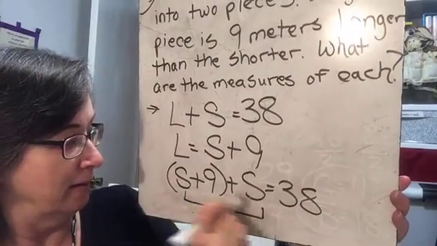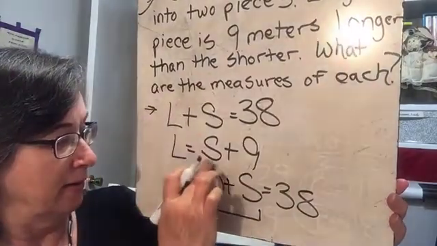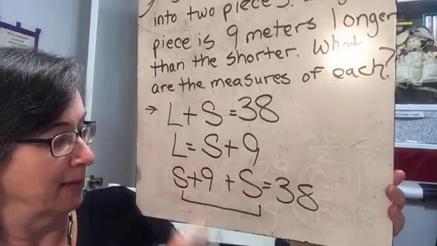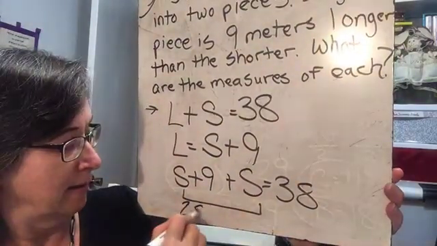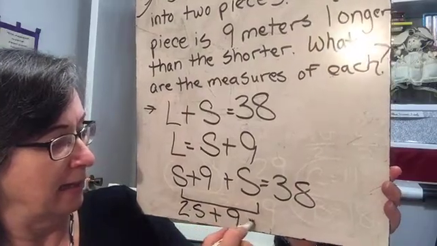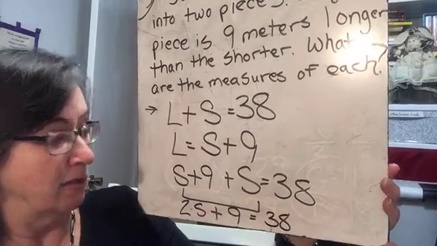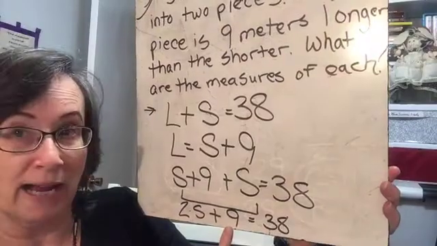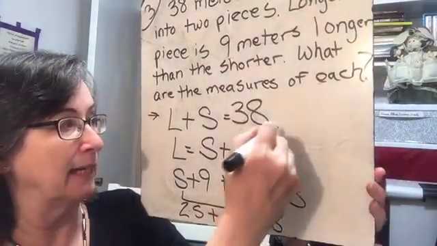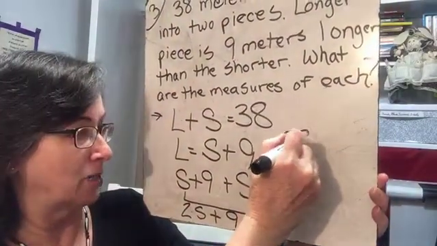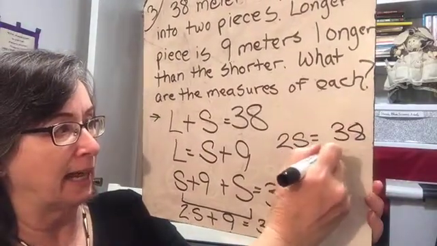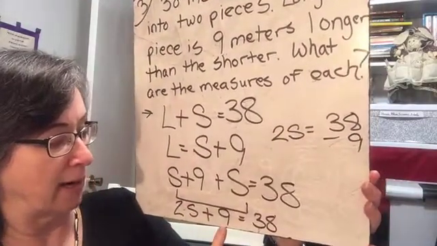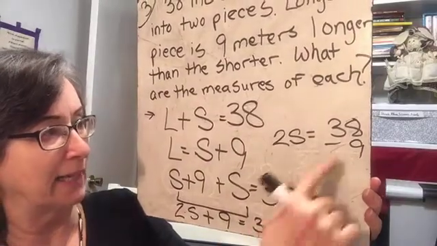So here, there's no reason to keep this here. I can get rid of it or not put it down to start with if you'd like. 2S plus 9 equals 38. So the first thing I'm going to do is subtract 9 and subtract 9. When I do that subtraction, I'm going to get 2S is 38 take away 9 because I already subtracted 9 here and subtracted 9 here.